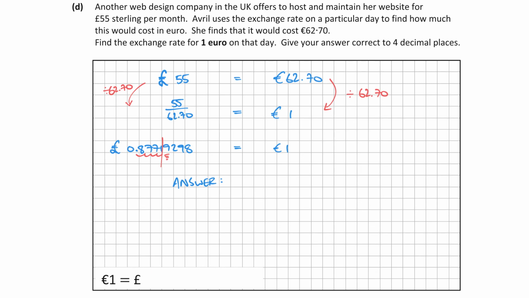Because it's greater than 5, that means that it rounds up. So my answer will be 0.8772. Okay, and if you'd got that correct, you would have got 5 marks for that part.